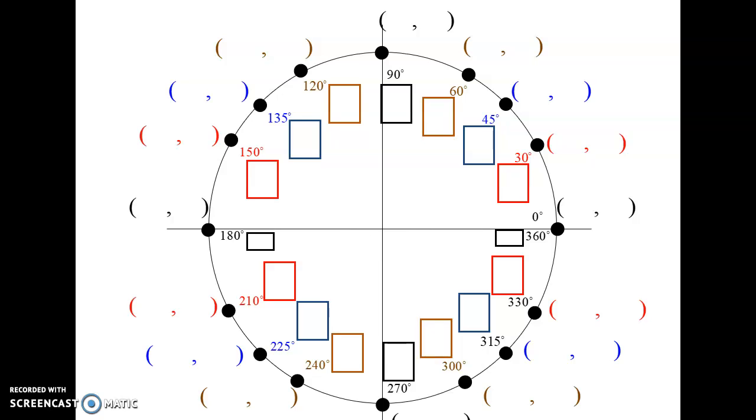Okay, so now let's look at our unit circle. We've done all these degrees around the unit circle. You can see you have 0 degrees, 30 degrees, 45, 60, 90, all the way around to get to the end of the circle. Once around the circle is 360 degrees. Now we've already done conversions between degrees and radians. That was the first lesson of this unit.